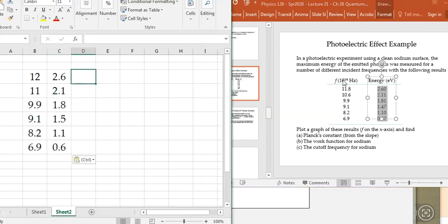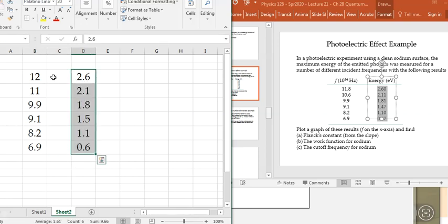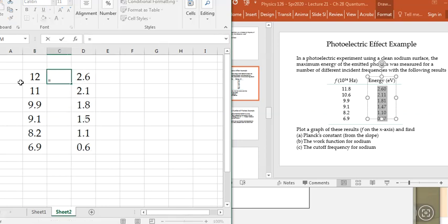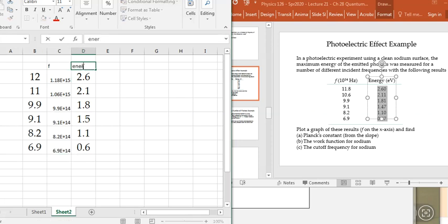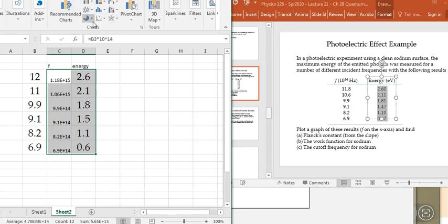So this is the frequency. I'm going to set it equal to this times 10 to the 14 hertz. And there's my data. This is going to be my frequency, and this is going to be my energy. And I'd like to make a quick plot of this.